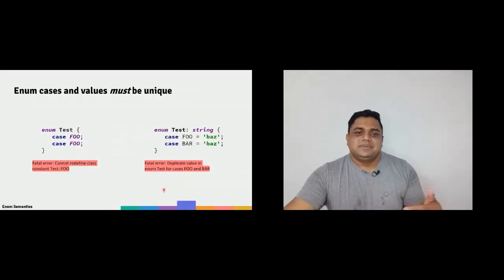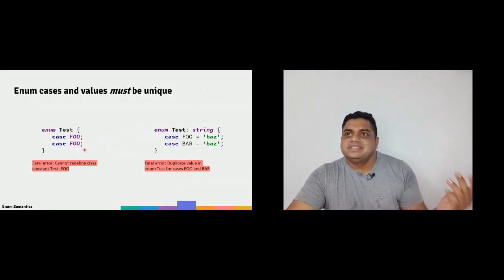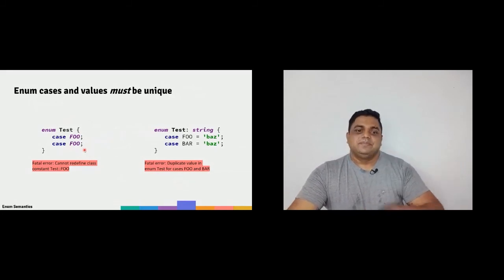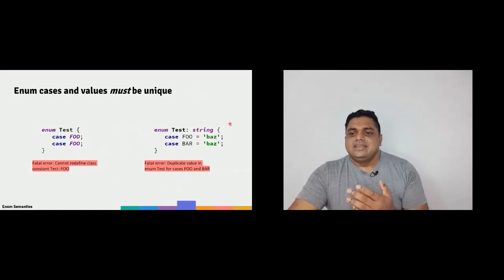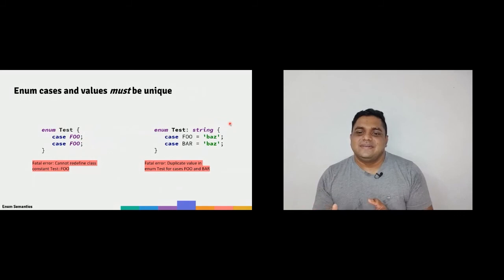So the first example here, this is kind of a given. You cannot have two class constants with the same name. You cannot have two class members with the same name. But also, if you have a backed enum with a string or integer, they must be unique as well. It feels weird, but the reason is that there are two methods called from and tryFrom.